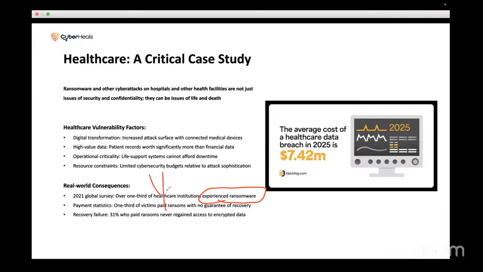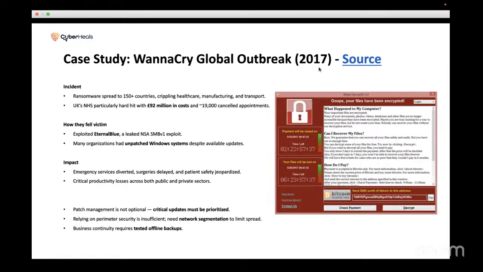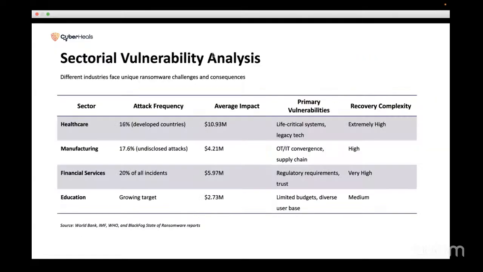If we have 1,000, almost 333 hospitals experienced a ransomware attack. It's huge. Yeah. WannaCry, we know, hit 150 countries, cost 92 million, and affected 19,000 cancer appointments. Sectoral vulnerability analysis: which sector is most vulnerable?